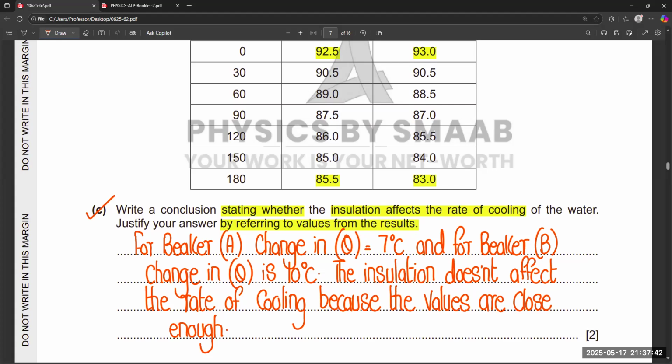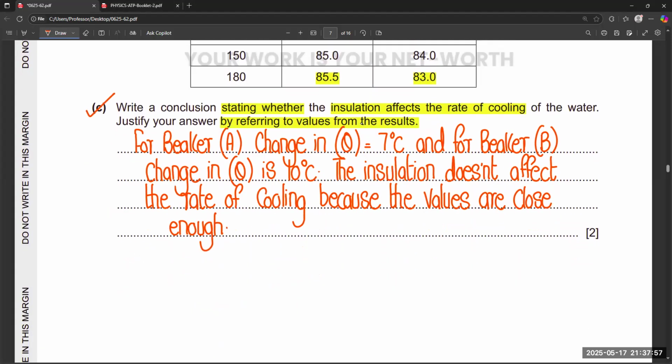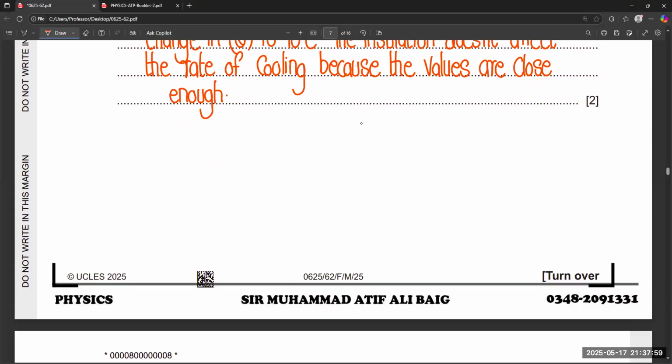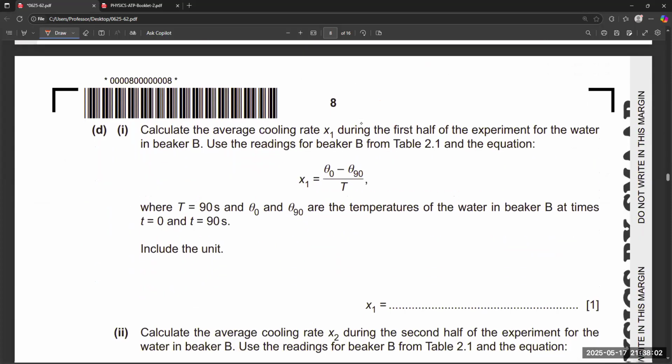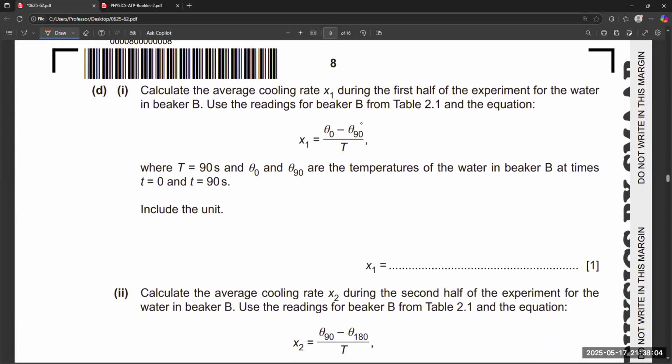But for example, if we have a difference of 10 degrees, 15 degrees, then we can say that there is a significant difference between the temperature drops. So using insulation is effective. But right now they are almost close to each other, so that's why there is no specific effect of insulation.